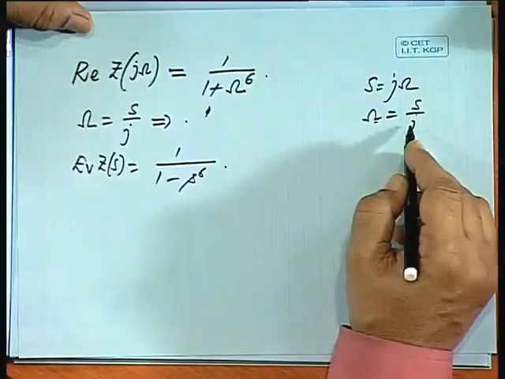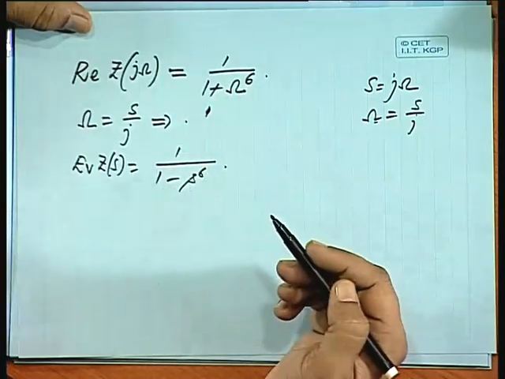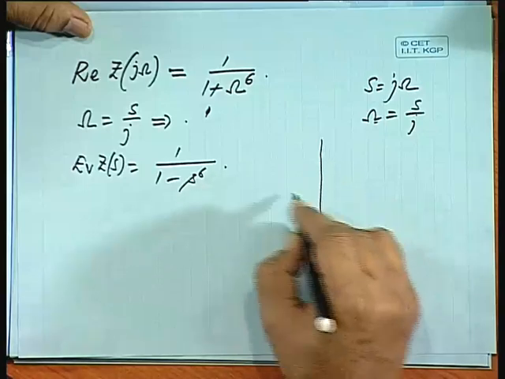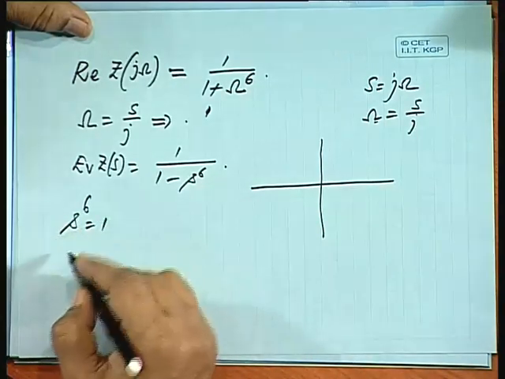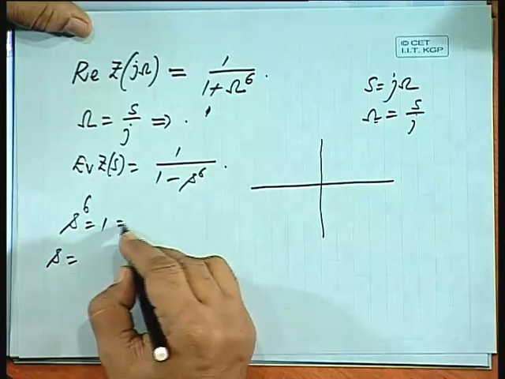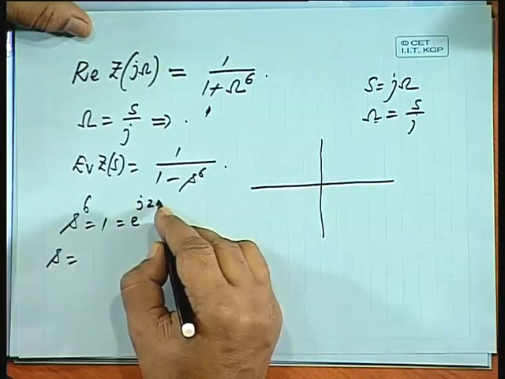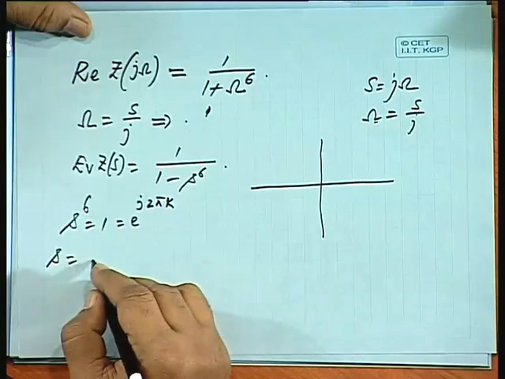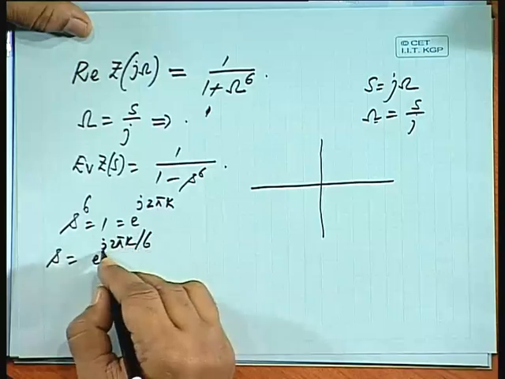If I substitute omega is equal to S by j, so S by j to the power 6 gives you minus S to the power 6. 1 minus S to the power 6, what are the roots? S to the power 6 is equal to 1. So, S is e to the power j 2 pi k by 6.